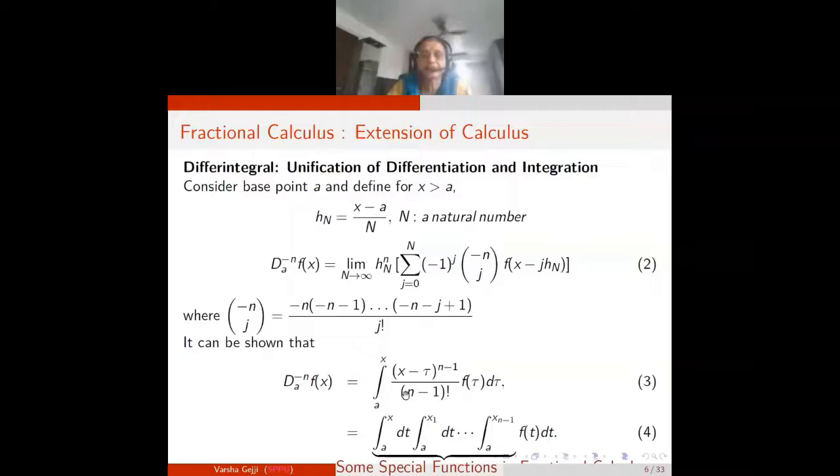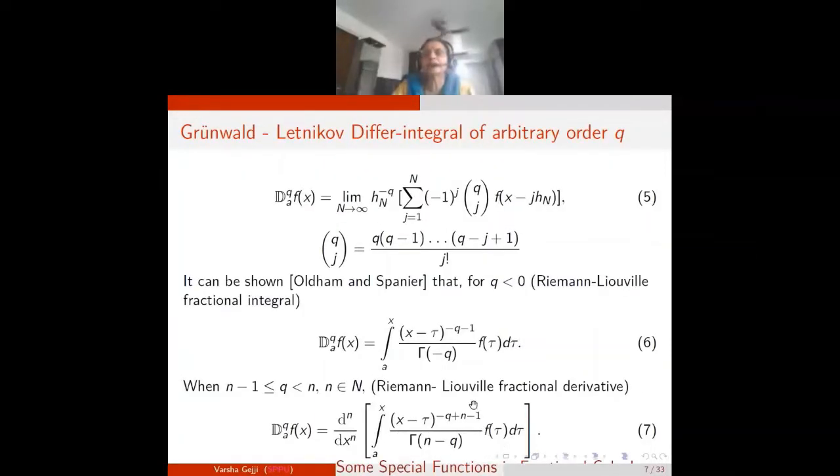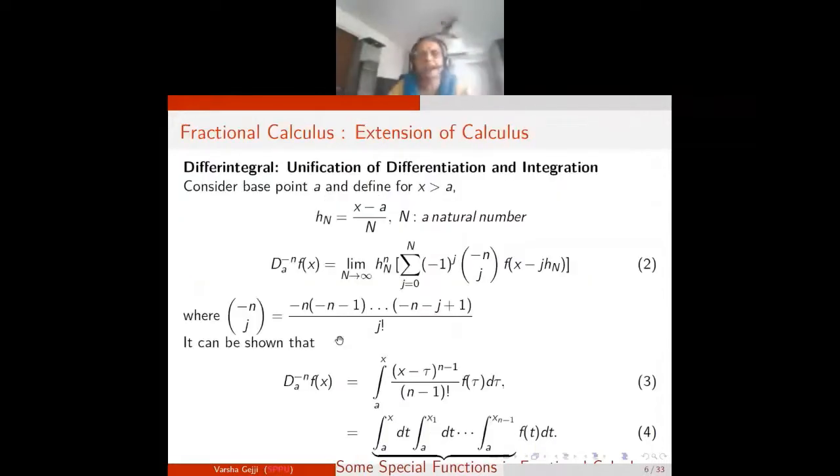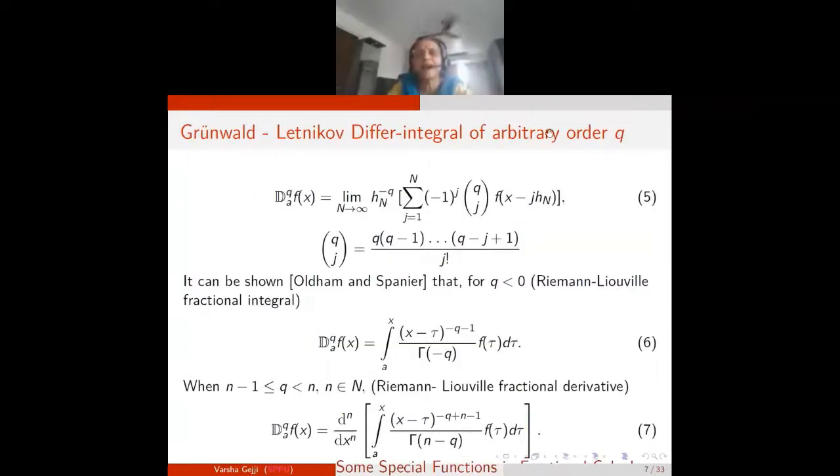No issue. So it is a simple exercise to show that this convolution, as you say, is equivalent to this n-fold repeated integral. Now Grunwald-Letnikov differintegral is nothing but you just now replace this n or minus n by an arbitrary number q.